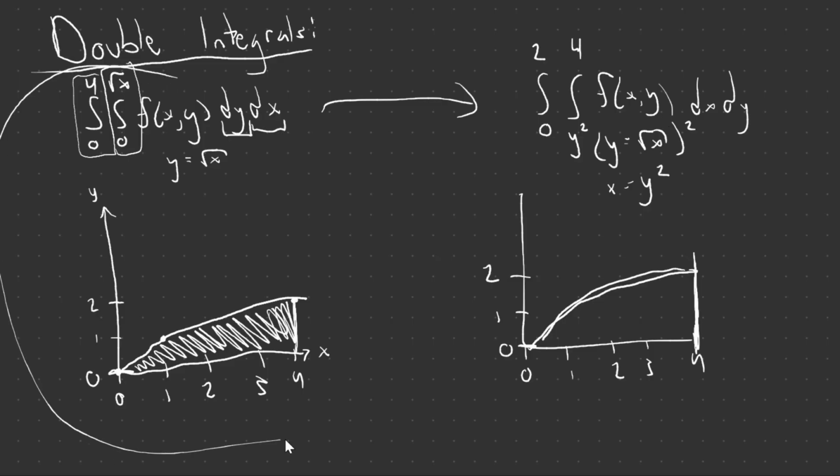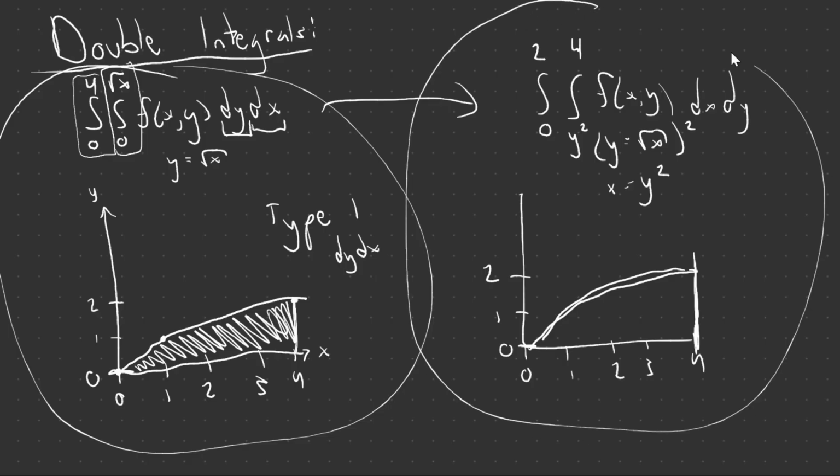We went from this one, which is type 1. Type 1 is when you have dy dx, and then we were able to switch the order of integration here to become type 2, which is dx dy.